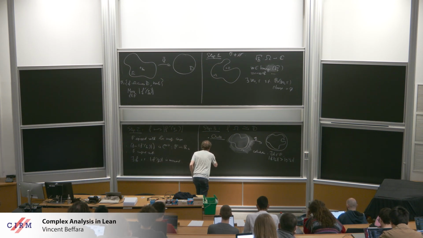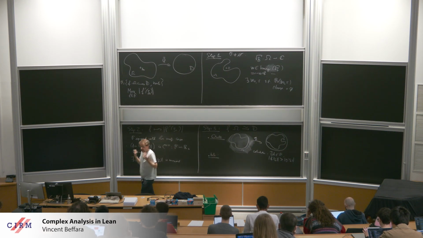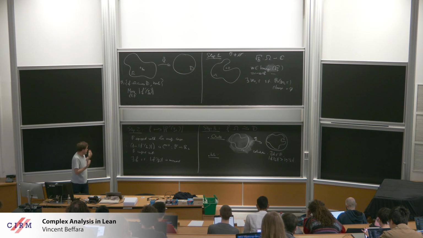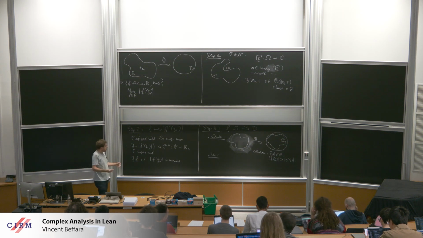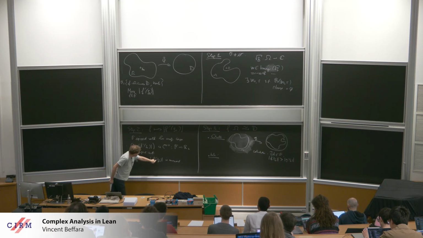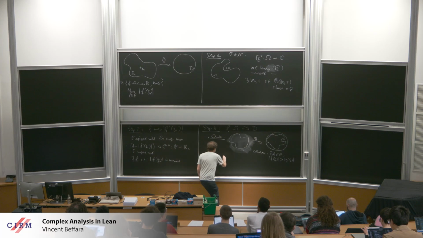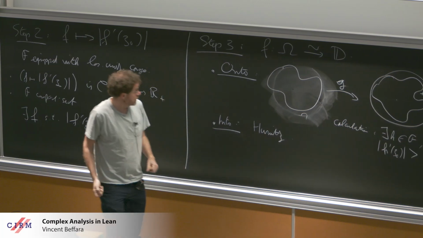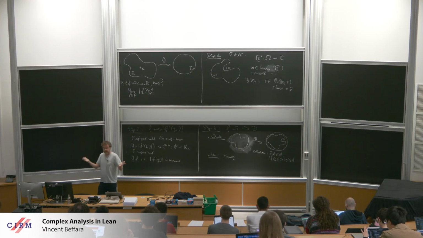And then why is it into? Well, then you have Hurwitz's theorem saying that if you have a collection of holomorphic functions that are injective and that converges locally, then the limit is either injective or constant. Well, it cannot be constant because f prime is not 0, so it has to be injective. So this is Hurwitz's. Okay, so we have all the pieces.